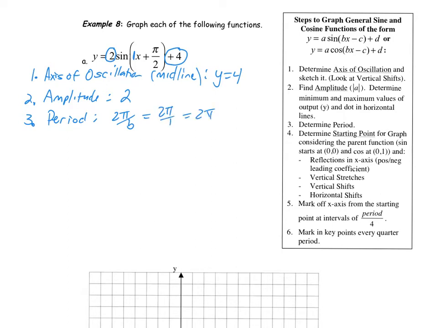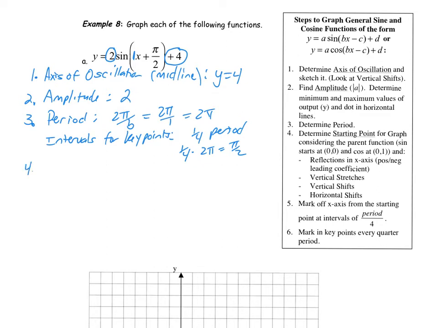And when we make our graph, what's going to be important is the intervals for the key points. So key points occur every 1/4 period. So in this case, we're going to have key points at 1/4 times 2 pi, which is every pi over 2. That's going to be important when we make our scale.